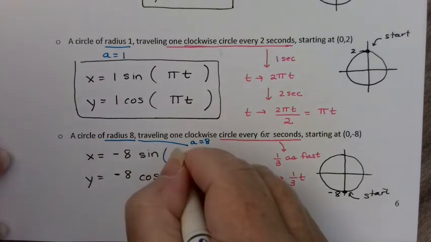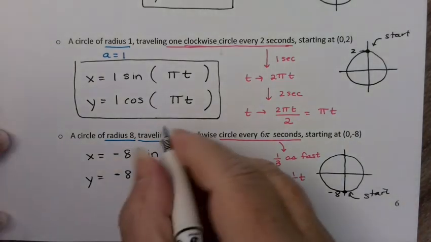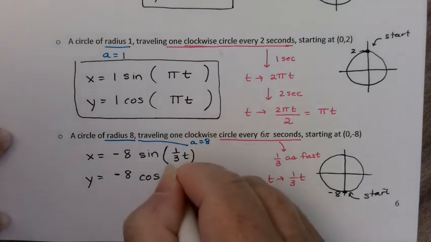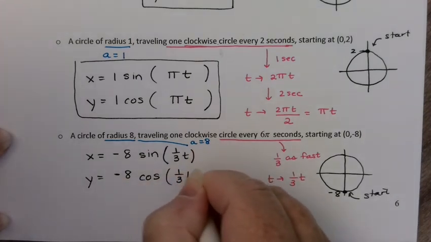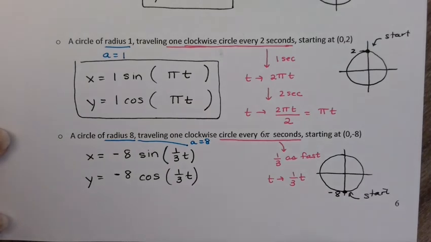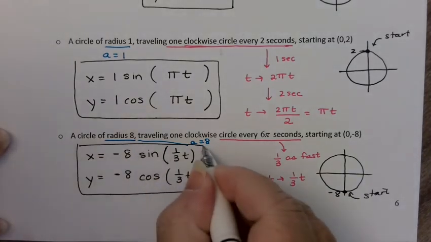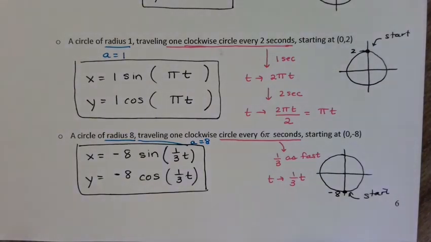So I have negative 8 sine 1/3 t and negative 8 cosine 1/3 t. All right, so there are some examples of how to manipulate the circles to make the radius different, as well as how to change the direction of travel and the speed of travel.